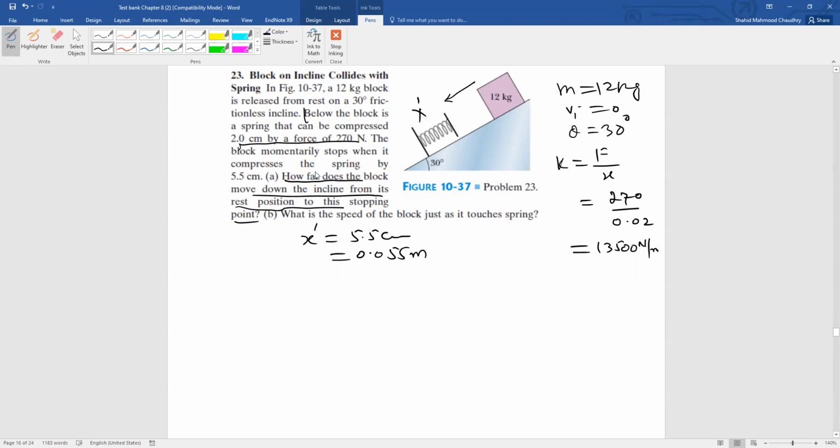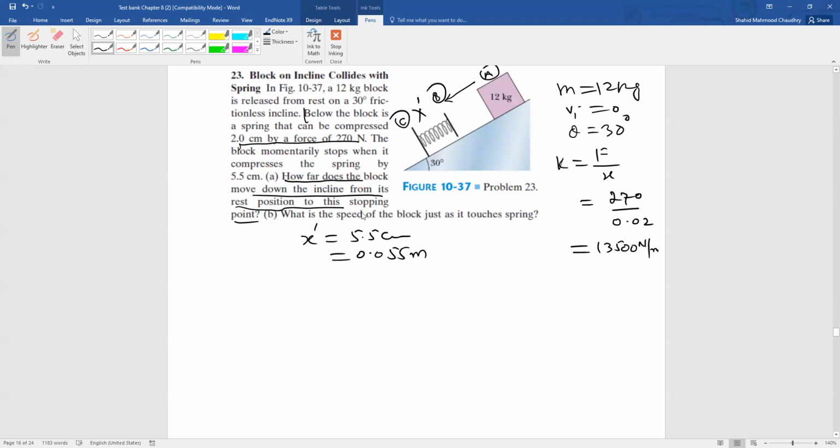Now you can see here, first what we will do, we will take 3 points on this block. One is this A point, one is this B point, and one is this C point. First, I am taking 2 points, this highest point and this point.